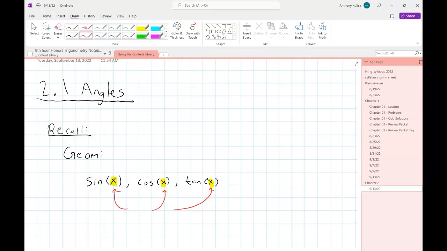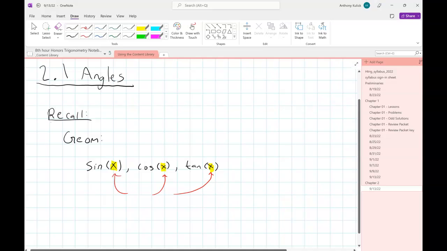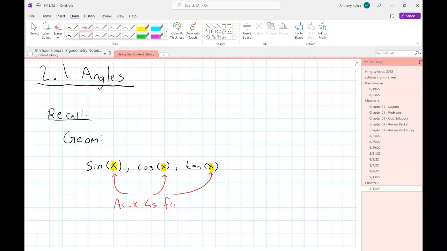Right angle triangles. Okay, so we use them on angles from a right triangle, but we couldn't use them on the right angle. They had to be the acute angles from a right triangle. Right?